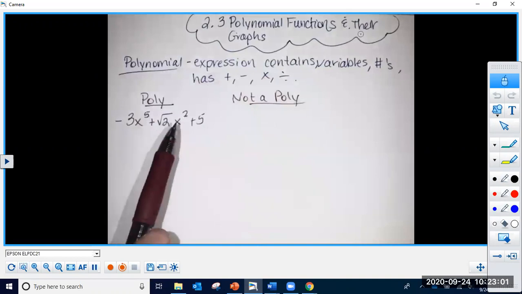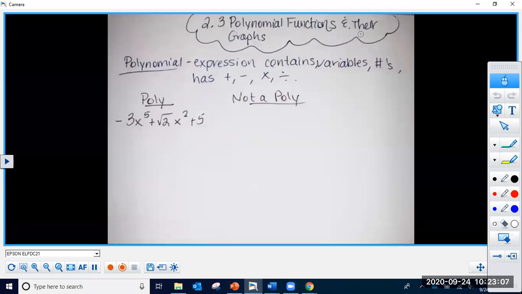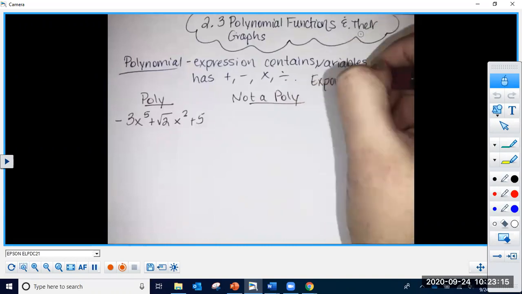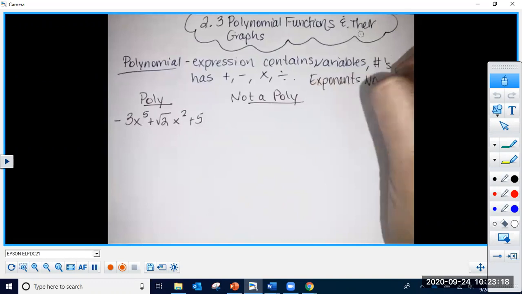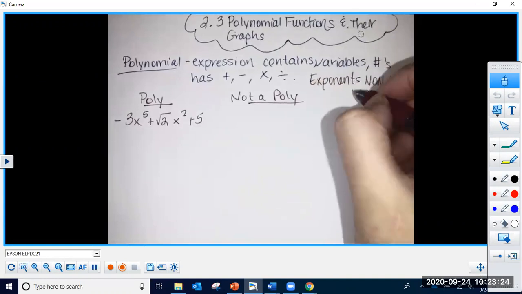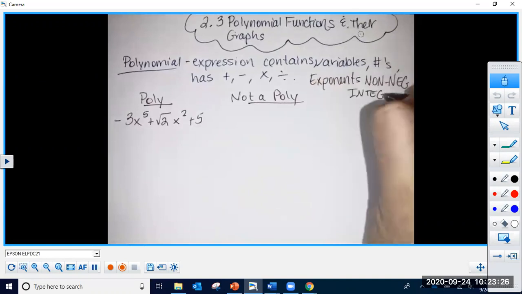Even though the coefficient of x squared is root 2, I know that looks disgusting, but you're still just checking the exponents of all your variables, which are just 5 and 2. So the exponents have to be non-negative, or you can, of course, just simply say positive. Exponents are non-negative integers, which just means whole numbers.